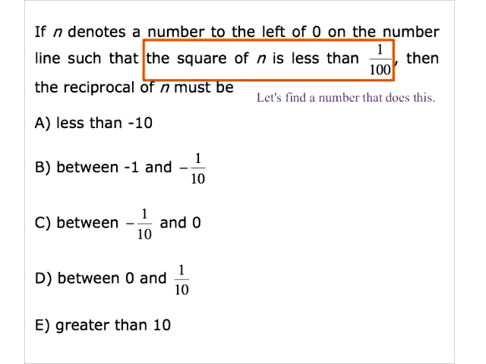A square is something that's not negative. So we need a square, and it's not 0 because the number itself is not 0. So we need this, or if you like decimals, this.